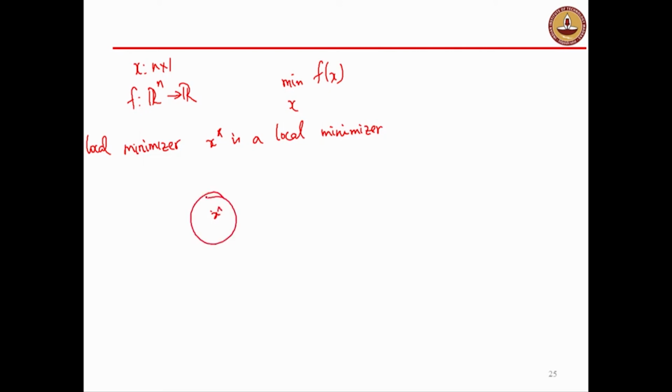Neighborhood means, you can think about it as a ball around x star. I don't worry about how big or how small. All I'm claiming is you should be able to find at least one small enough neighborhood around x star. If it is a local minimizer, then f of x should be greater than f of x star for all x not equal to x star and x in the neighborhood.